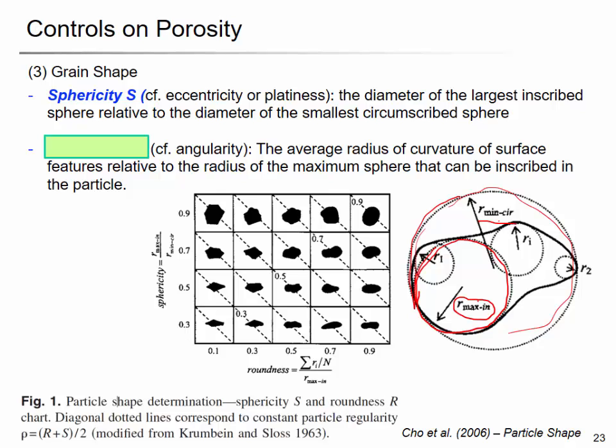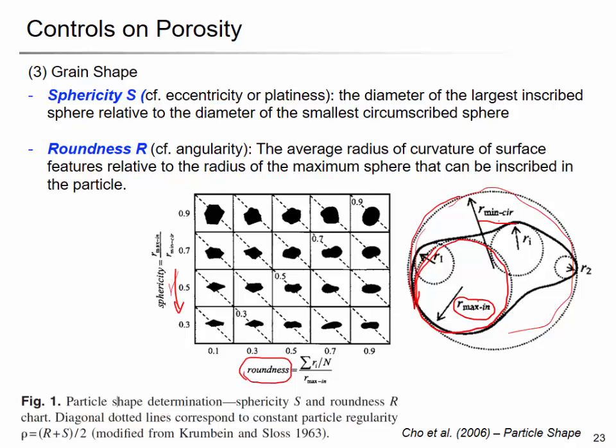Right? And as you go down, so as the sphericity decreases, it becomes more like platy, more like a plate particle. So it's also called eccentricity or platiness. And the second one is roundness, as you can see here.